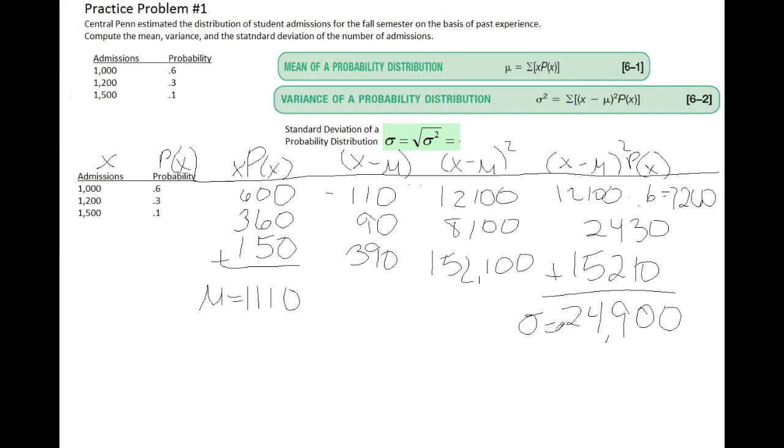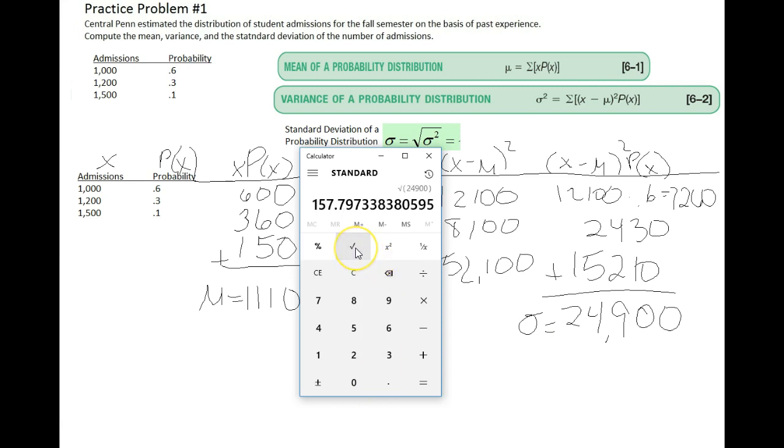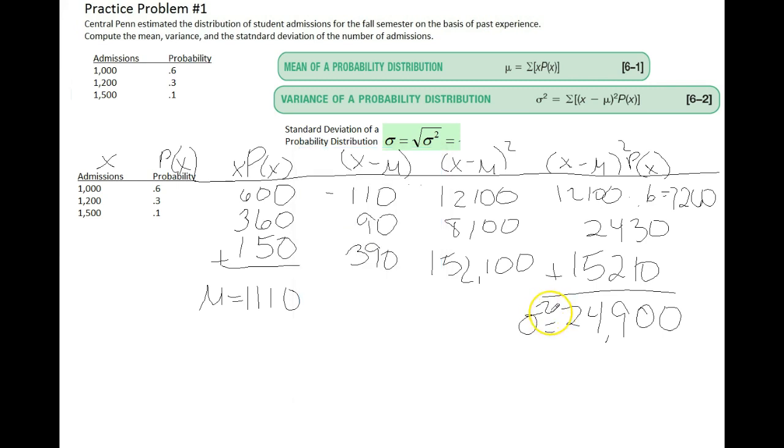Okay. Then the last thing we need to find is the standard deviation. And to do this, we take the square root of the variance.